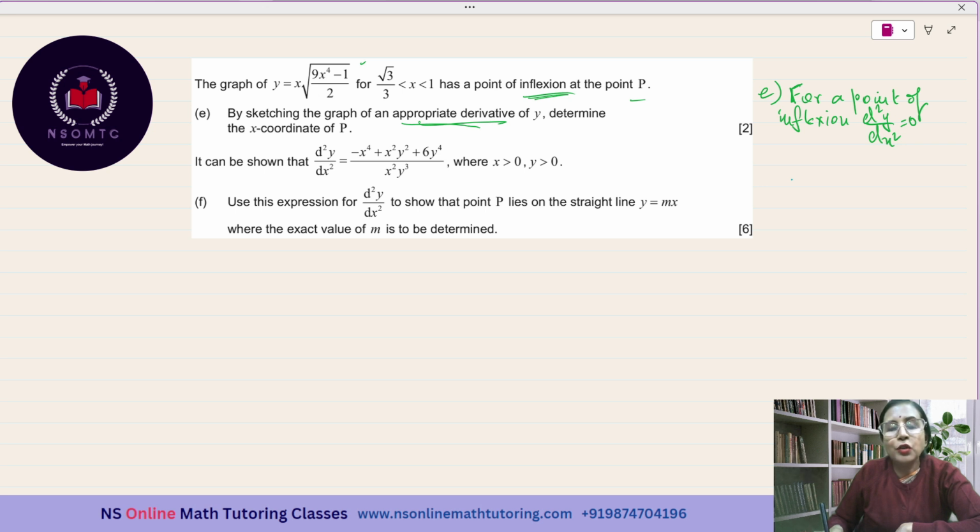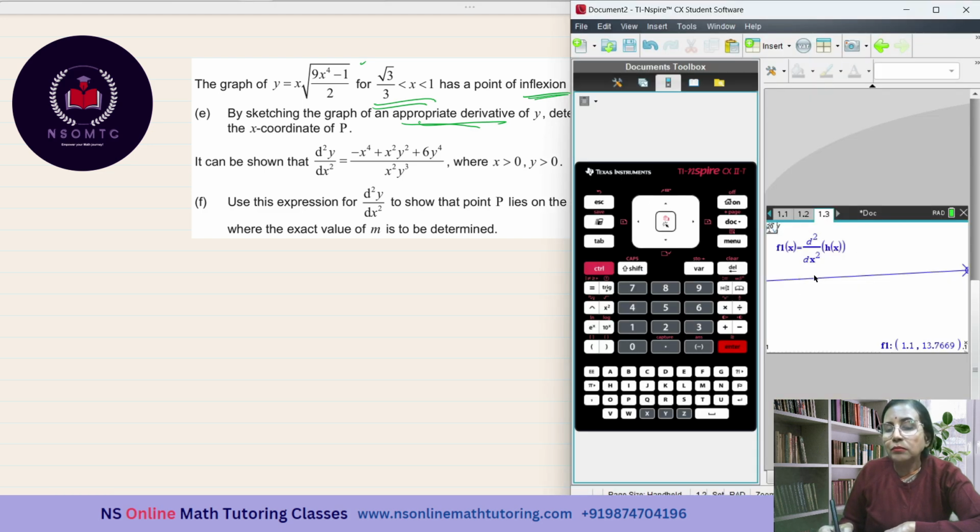The second derivative should be changing the sign around that point. Okay. So let us go to the graph once more, and this time I'll be changing the settings and taking the x values from root 3 over 3, that is 1 over root 3, to 1.